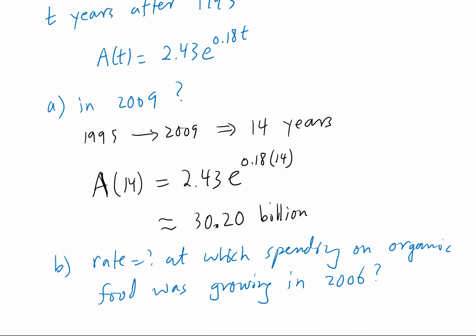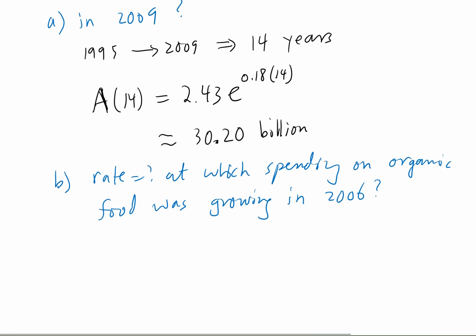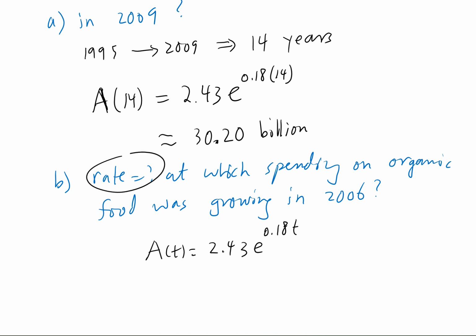So this is about a model for spending money on organic food. Remember again, A of t was given as 2.43 e to the 0.18t. So rate means derivative, A prime.